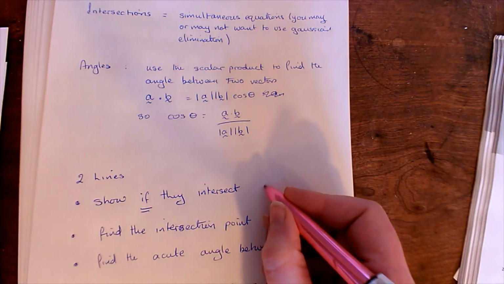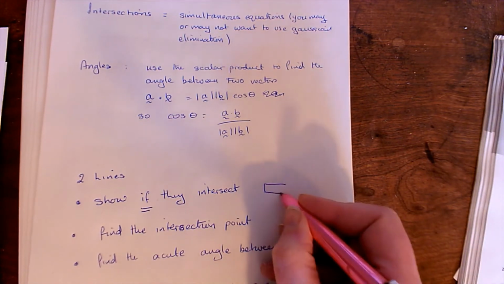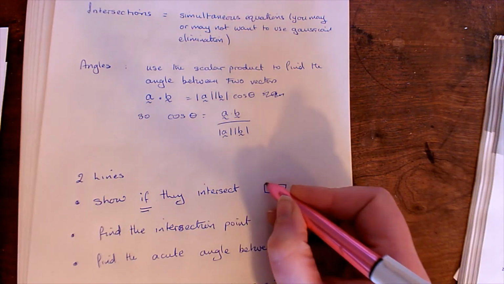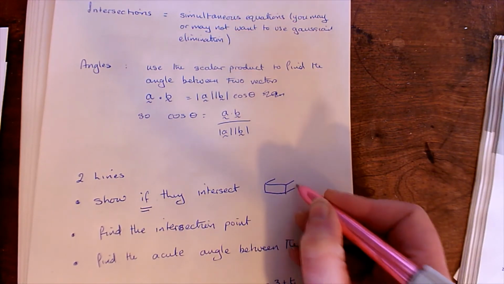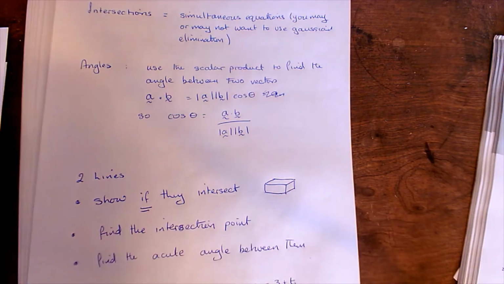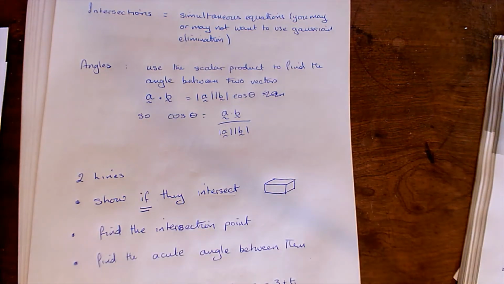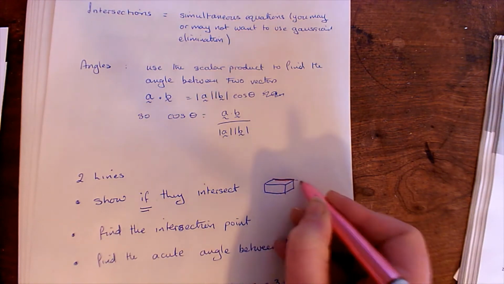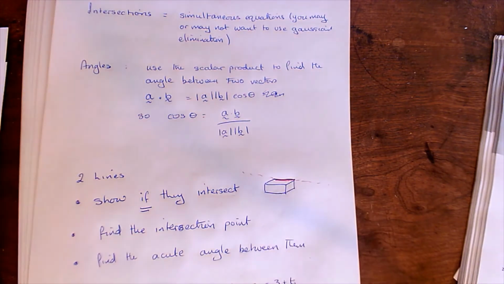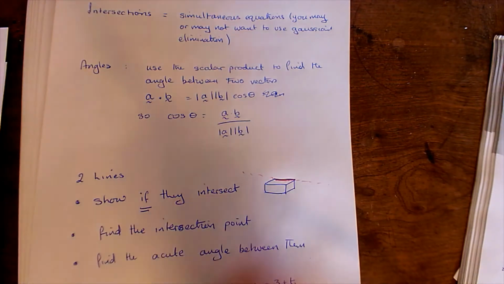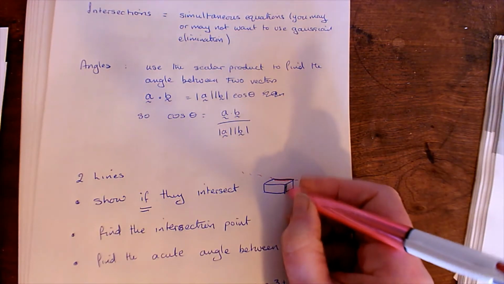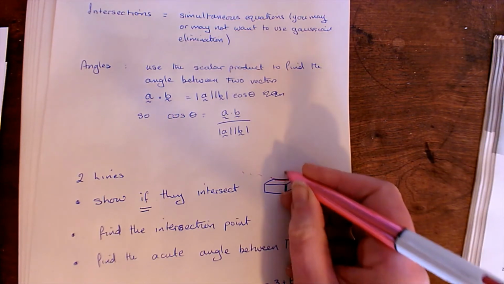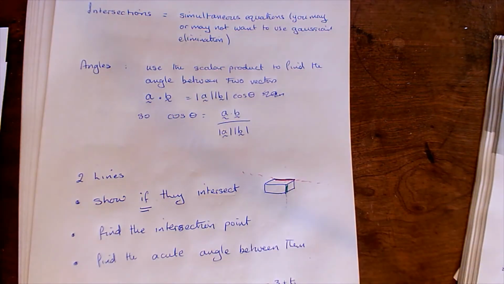If you think about a cube, a cuboid, and you think about this line here, which can carry on into space, and you think about this line here, and carry on up and down, they are never actually going to intersect, no matter how far you carry them on.